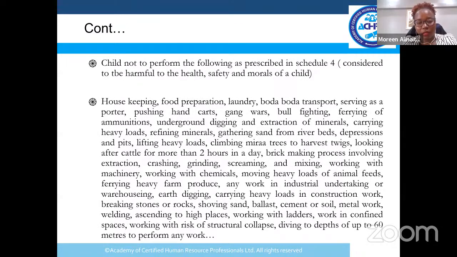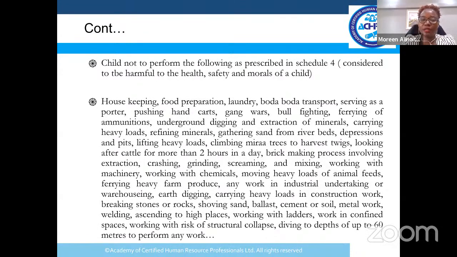Because when you look at the Kenya we live in, these are most things that people would be wanting to employ a child for. For example, brick making, carrying things, shoveling sand, cement or soil, metal works, mining.